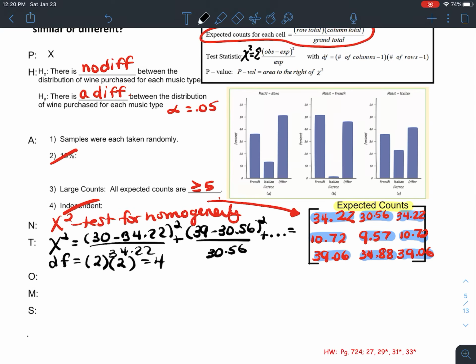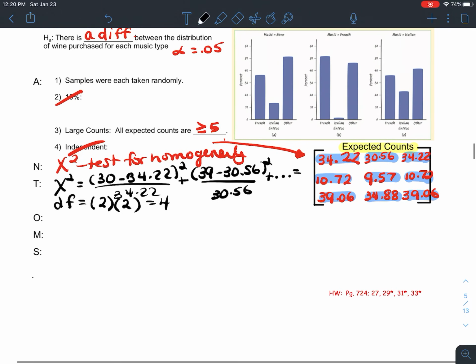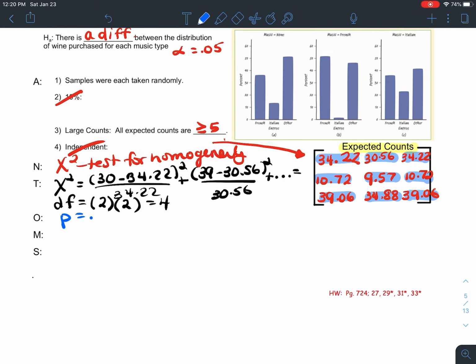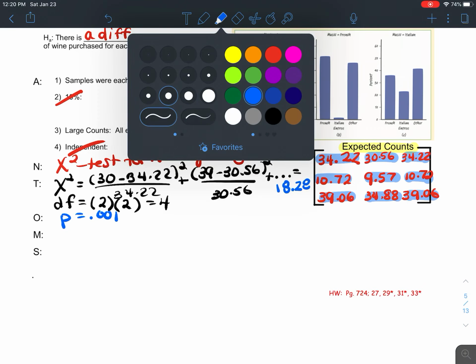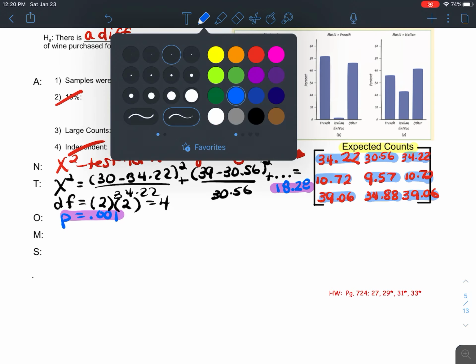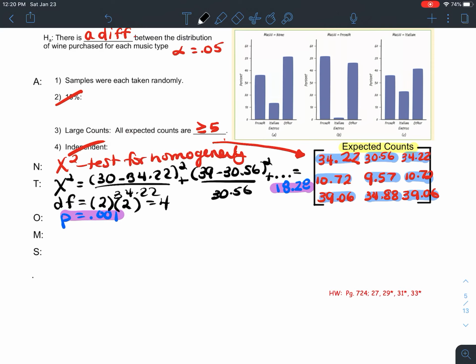It should by default say the observed are in matrix A, the expected are in matrix B. Go ahead and bounce down to calculate, and it is going to report the degrees of freedom as well as the p-value, which is what we're really after. We want to know what that area is to the right of that chi-square test statistic. Also, it should report the chi-square test statistic. 18.28 is the chi-square test statistic, and 0.001, a very small p-value here.